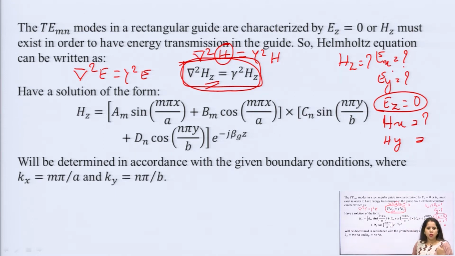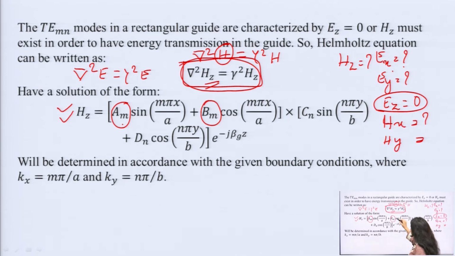And already in the last class, we have calculated the solution of this wave equation, and that comes to be like this. When we write it in terms of the magnetic field, it is like this: Am sin(m pi x by A) plus Bm cos(m pi x by A), Cn sin(n pi y by B) plus Dn cos(n pi y by B).